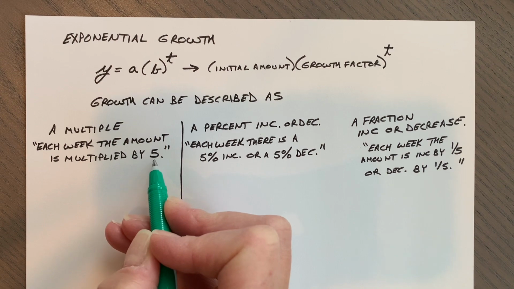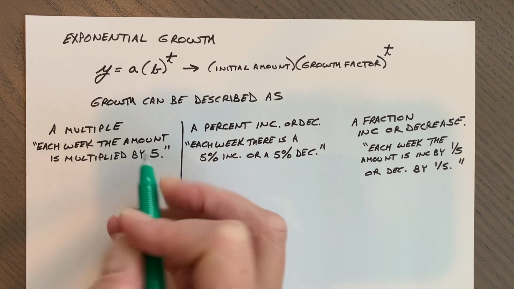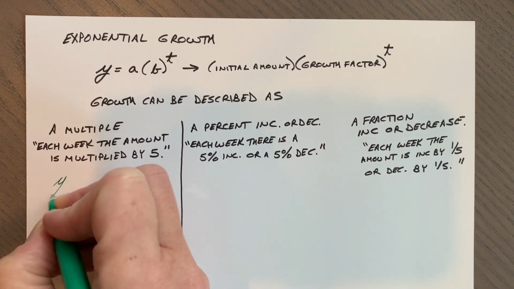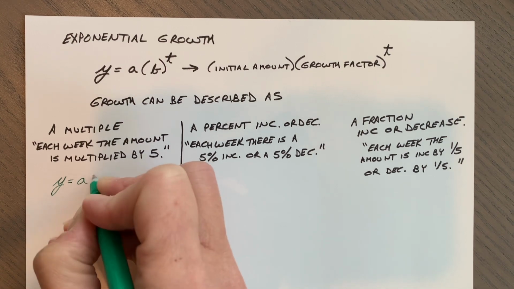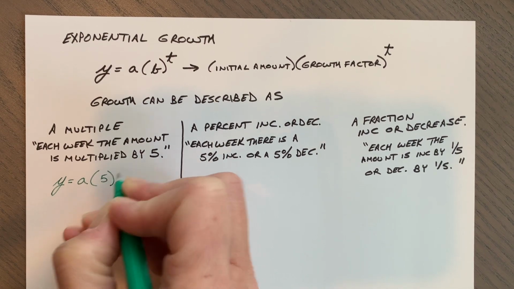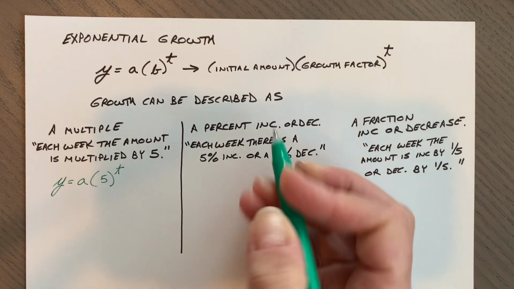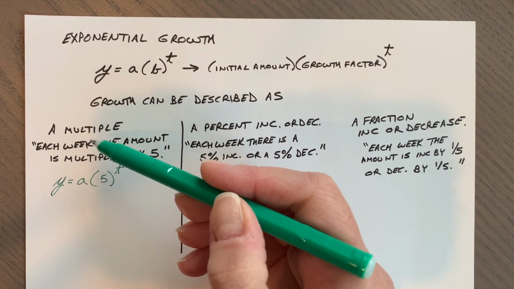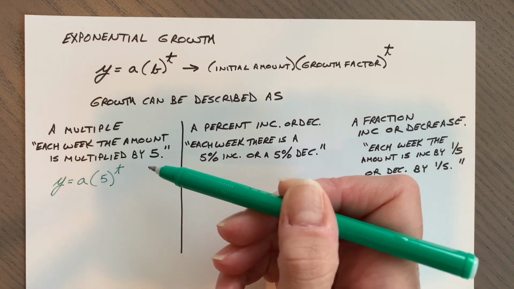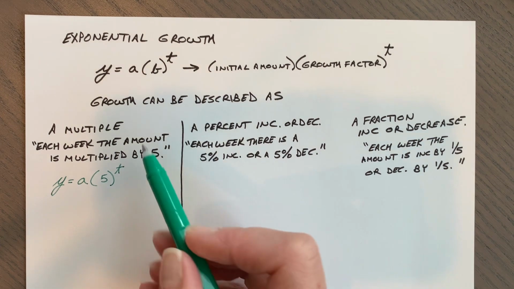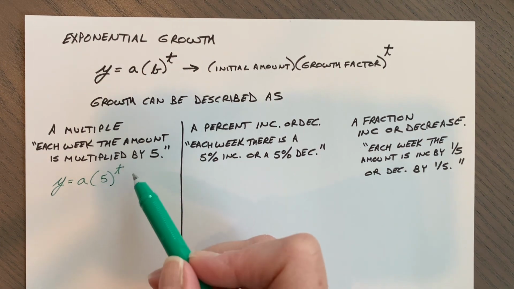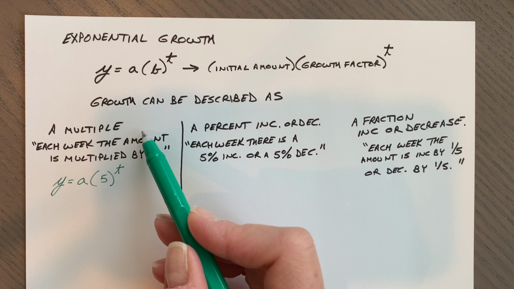So that 5 right there is our growth factor. Our form would look like y equals whatever the initial amount is times 5 raised to the t, right? And here we've defined the time as weeks, so that t would be the number of weeks. So there is the growth factor just described as a multiple.